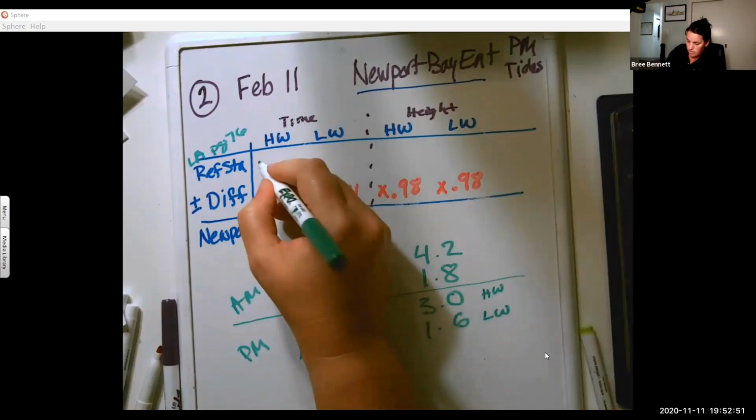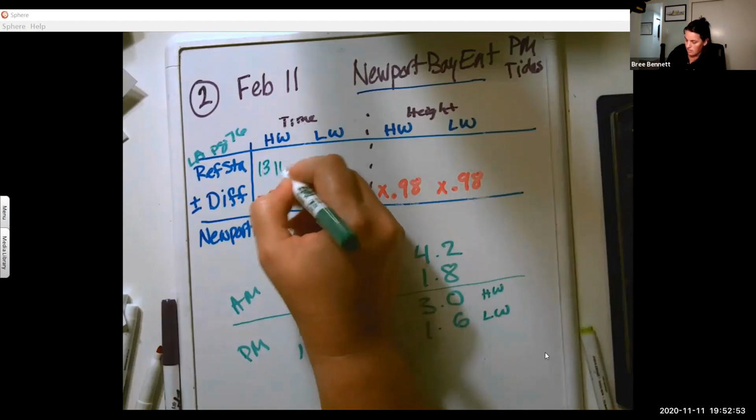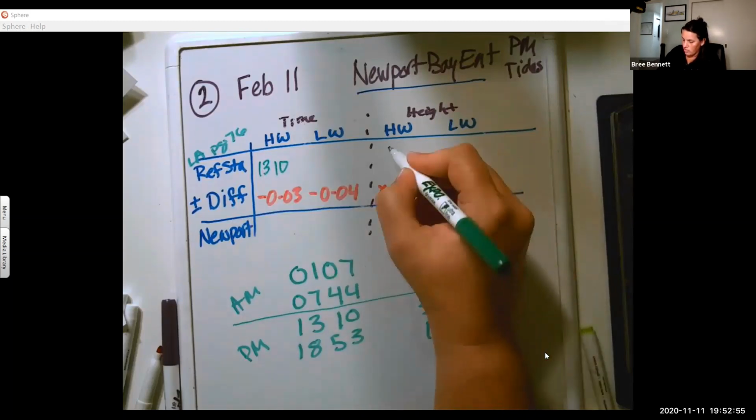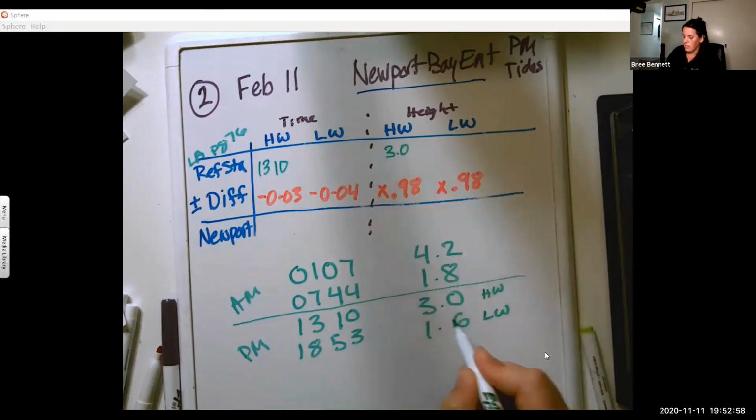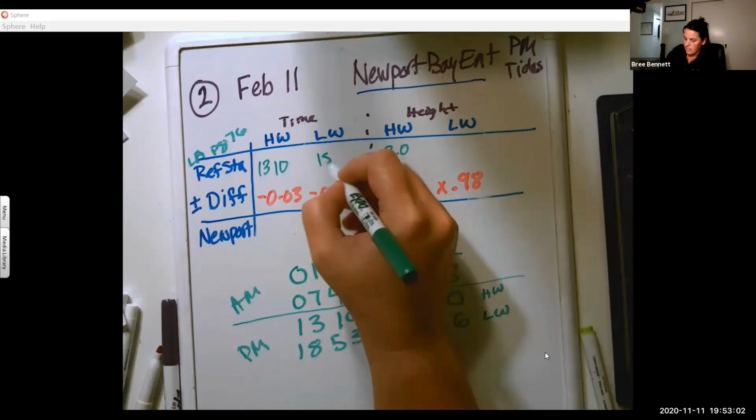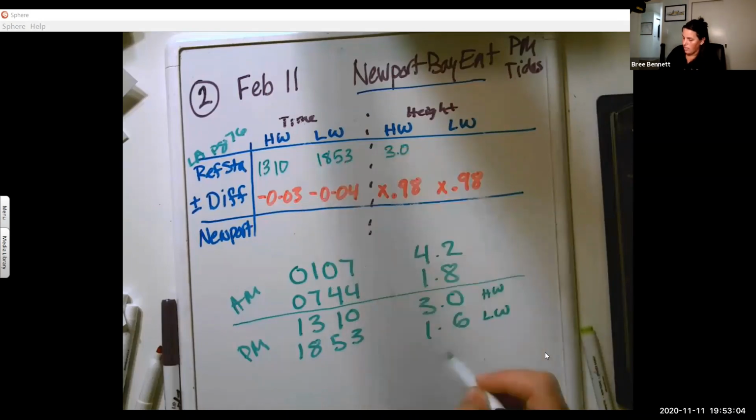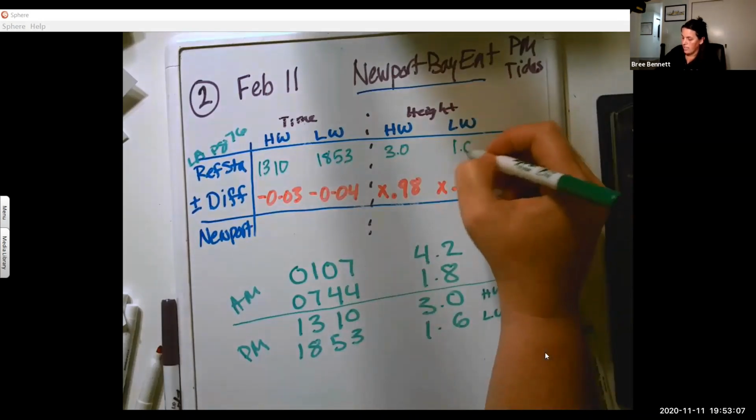So I'm going to transfer these numbers into my table up here. So I have 1310 at 3 feet is going to be my high water. My low water is 1853 at 1.6.